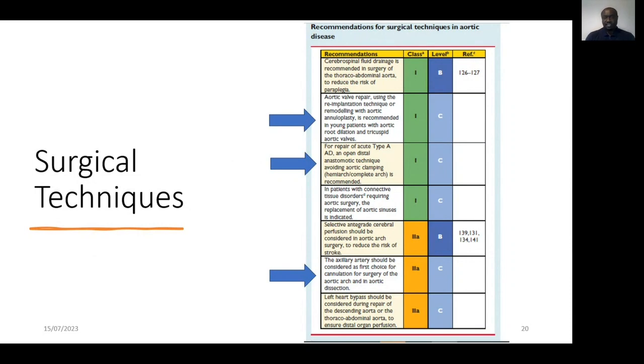So these are guidelines again on techniques for aortic surgery generally. In a dissection, you can try to repair the valve, and the two repairs we commonly do, if possible in good hands, are the remodeling and implantation techniques, which people call Yacoub and David's. As we go further, we may understand them.